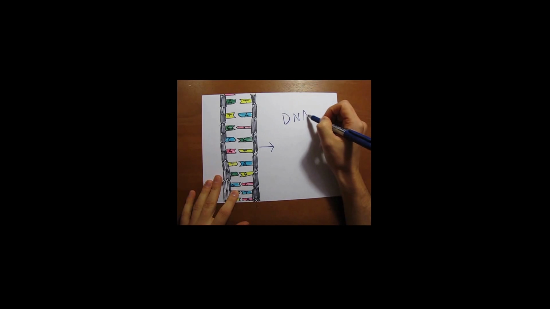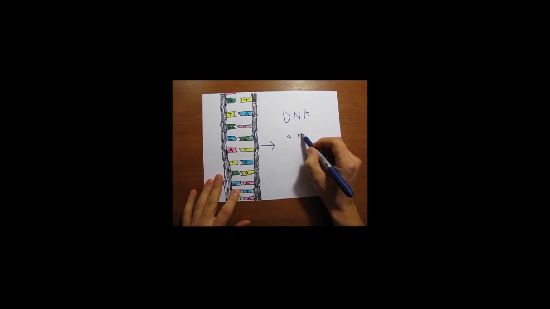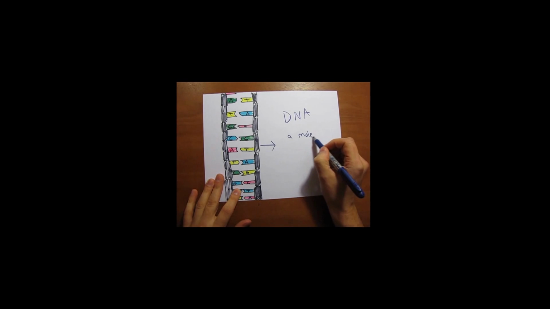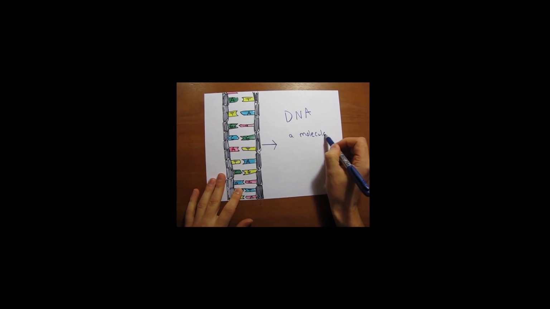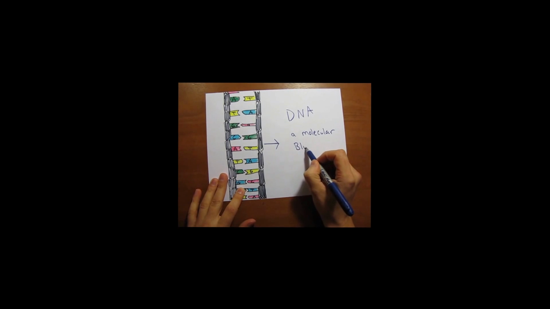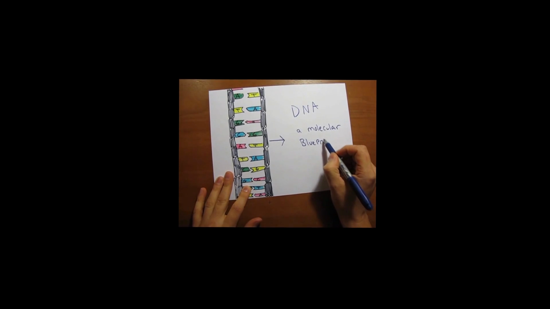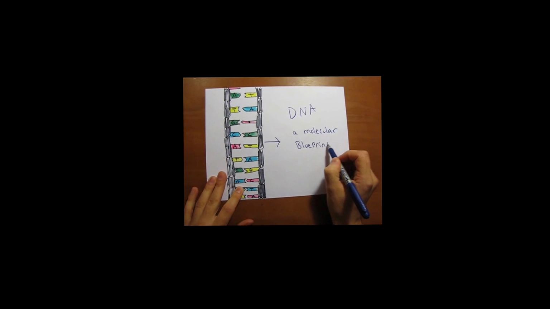So to break everything down over the past 4 minutes, DNA is a molecular blueprint for any living thing at all. That's the basic definition of it. So to answer the question from the beginning, if anybody asks you what DNA is, to break it down in the simplest form, it's just a molecular blueprint for any living thing.